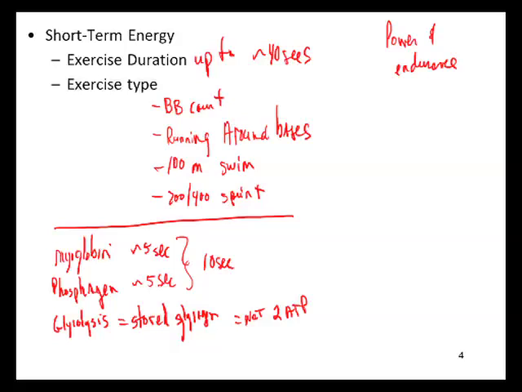Now, what process allows glycolysis to continue in anaerobic conditions? This is the same process that allows NAD to continue to be replenished to allow glycolysis to continue, and that was the lactic acid fermentation.